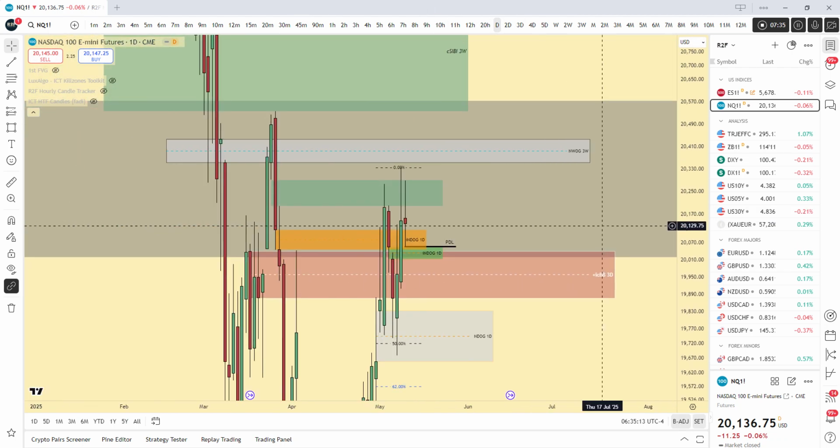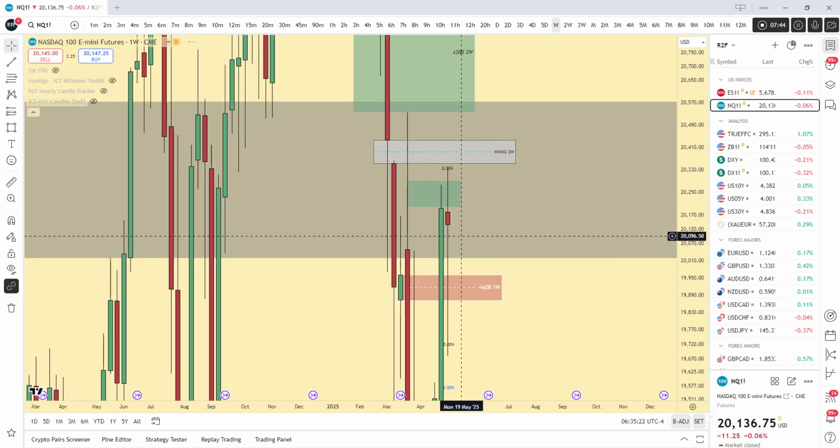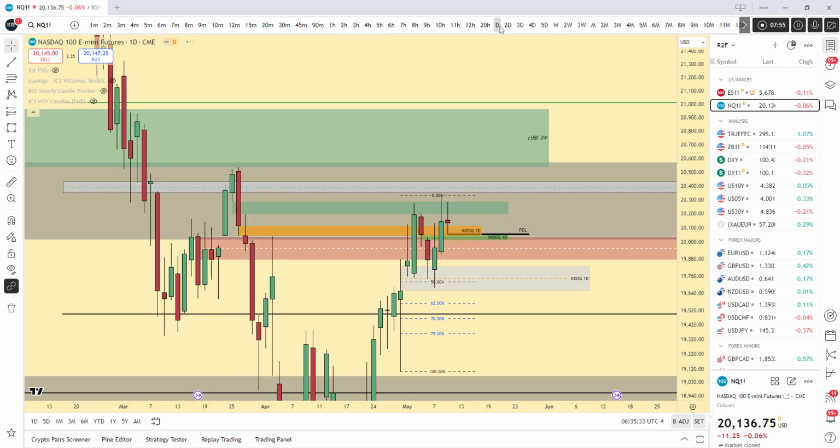But yeah, on the daily, got that end dog. So perhaps a narrative building up some liquidity in the week. Let's see. Who knows? If we come as low as here into this gap, that could be quite a nice buy in order to start moving up.